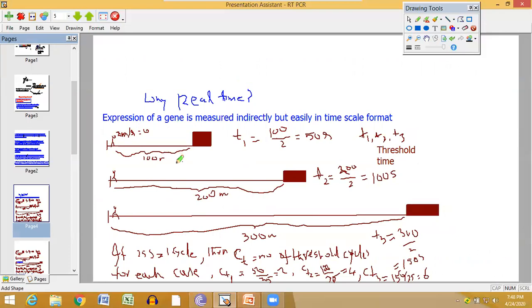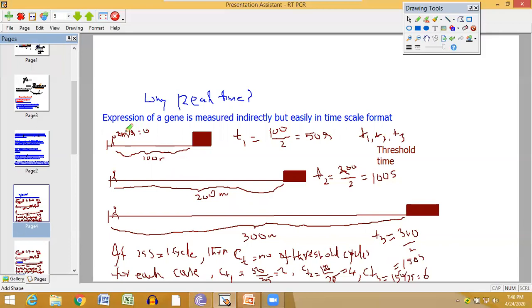Since the gene amount in a cell is very small, measuring a gene amount perfectly is very difficult. So scientists have converted the amount scale into a time scale, and instead of measuring the gene amount directly, they are measuring some time factor which is associated with the gene expression.